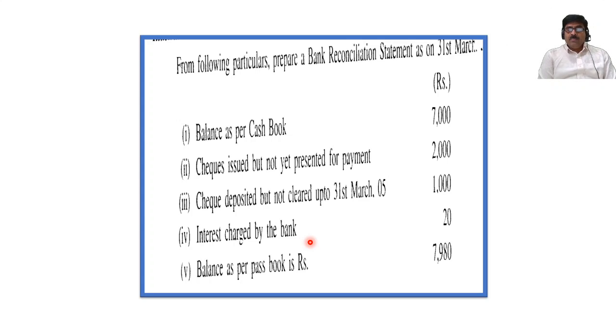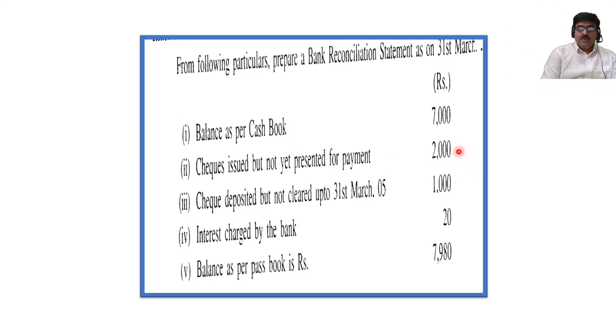The banker debits this 20 rupees in the passbook. Hence, the balance in the passbook will reduce. We are preparing the bank reconciliation statement on the basis of the cash book. There is a decrease in the passbook, hence we too have to decrease the balance. So, deduct this 20 rupees.